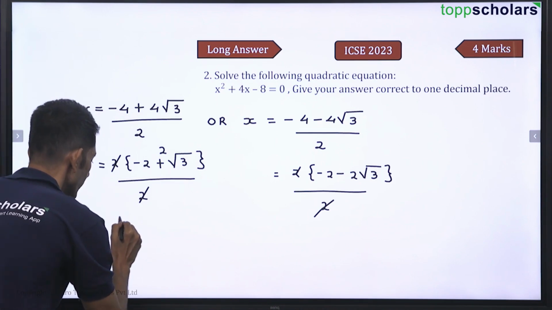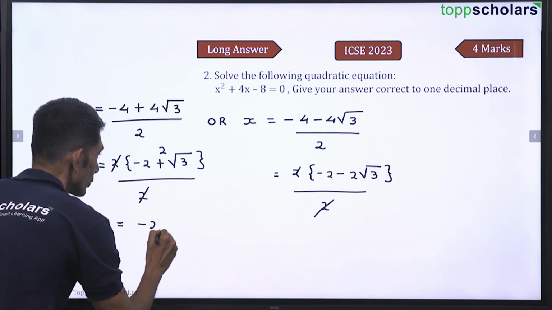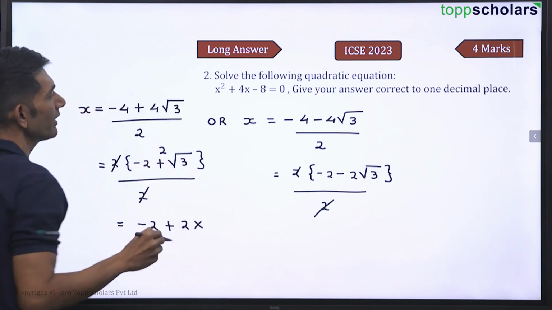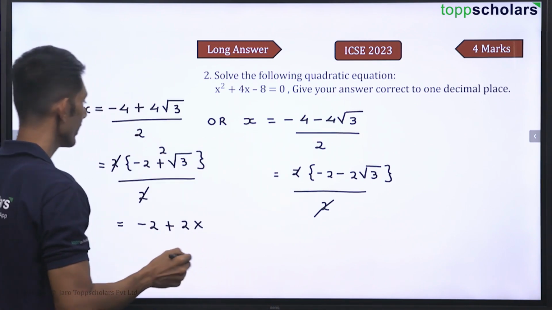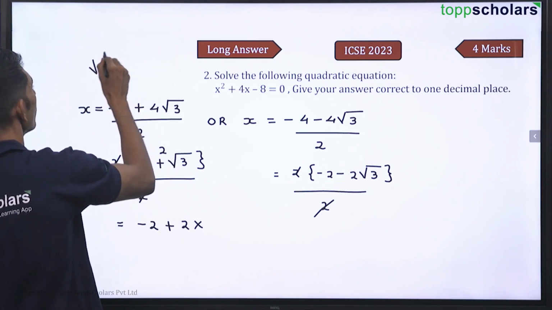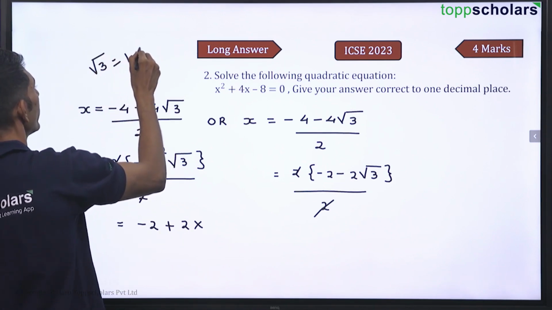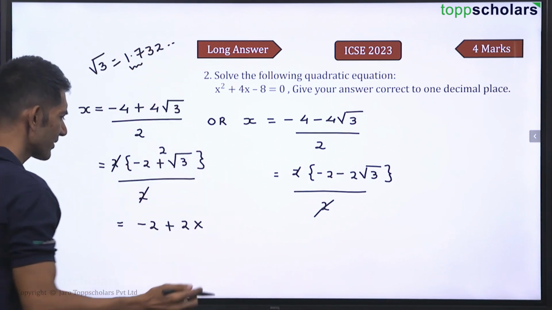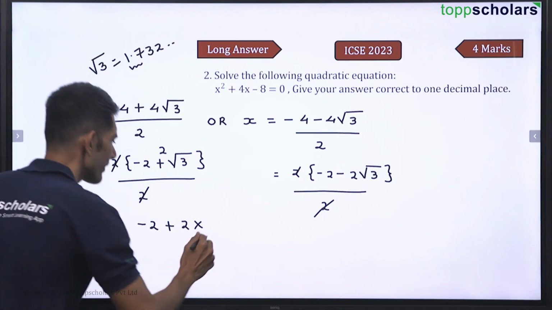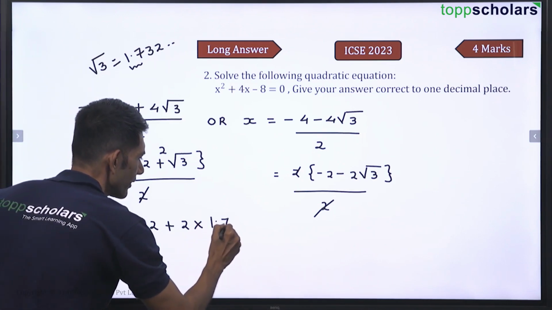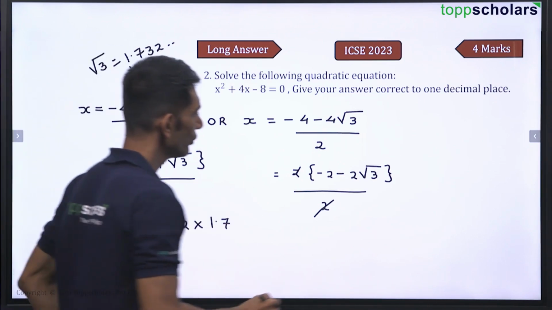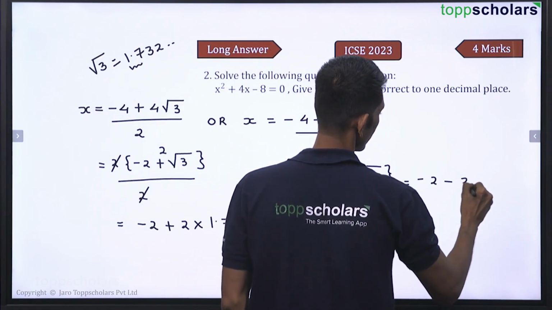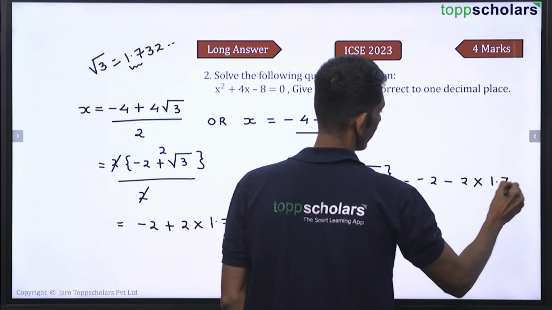So this becomes minus 2 plus 2 into, now see, we want the answer in 1 decimal only. So root 3 is how much? Root 3 actually is 1.732 and so on. So we can take 1.7, isn't it? So take 1.7. Here also you get minus 2 minus 2 into 1.7.